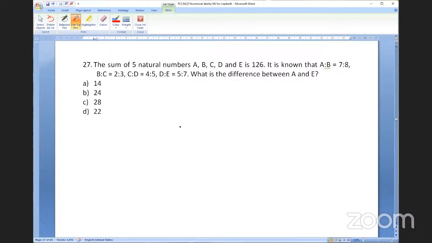The only motive behind taking up this question is to showcase how we actually calculate joint ratios. Calculate the joint ratio and then do it.